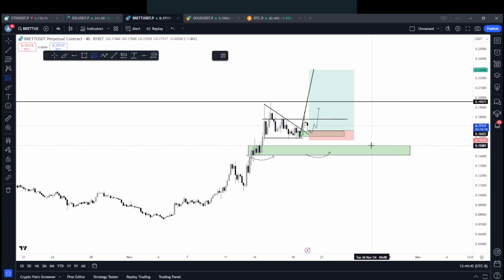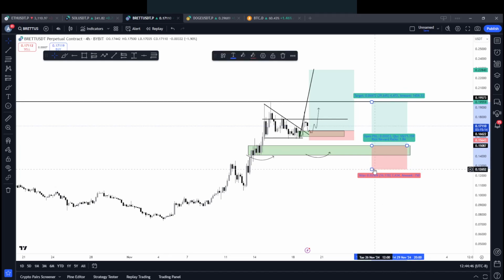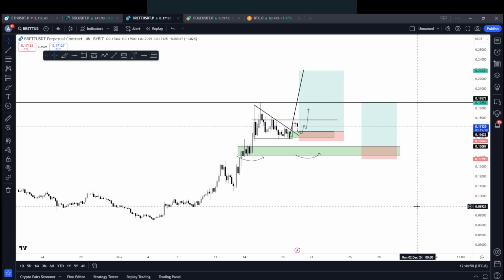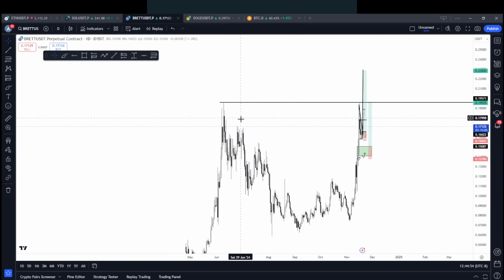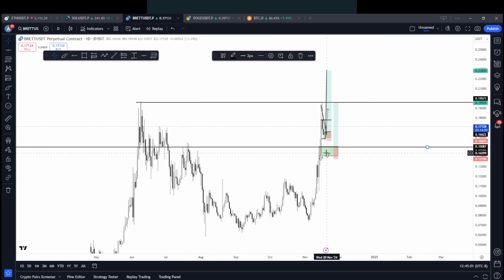Otherwise, something like that. Now again, be careful with this because this could be a double top pattern. Right, so I like this green entry better than this scalp one.